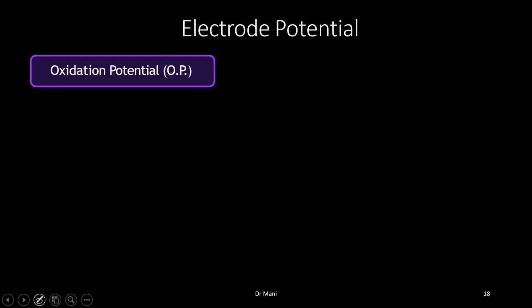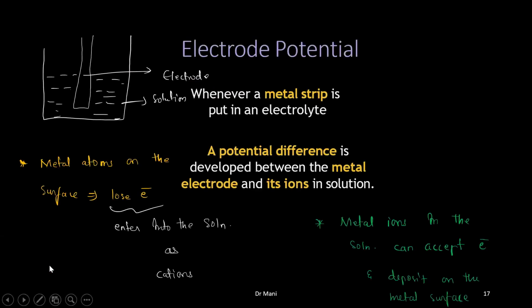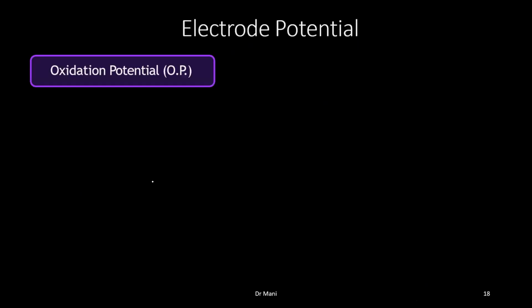So that's about the electrode potential. That means the capability of these electrodes to donate electrons is the electrode potential. In the same way, there is an oxidation potential as well. It is nothing but the capability to lose electrons. The capability to gain electrons is called the reduction potential.